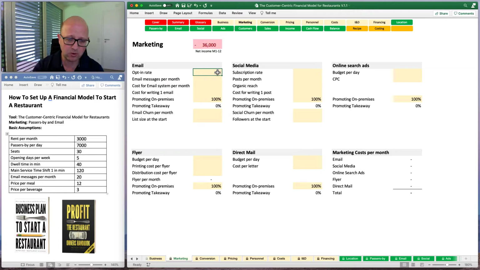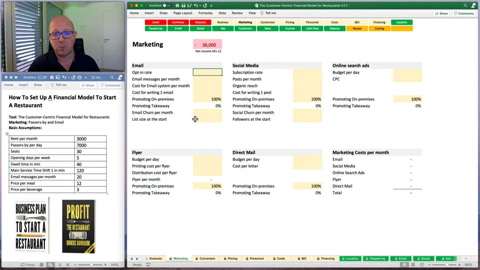So we just focus in this example on email marketing, and we start with the question of what's the opt-in rate. This means how many people that are coming into your restaurant are becoming a subscriber. These people you can ask, "Hey, I would like to invite you to subscribe to our email list to keep you updated," and so on.